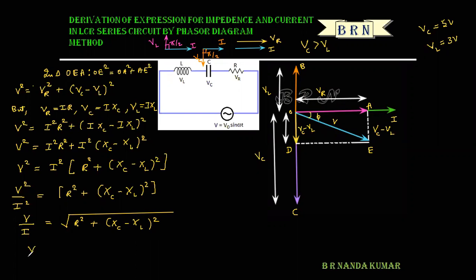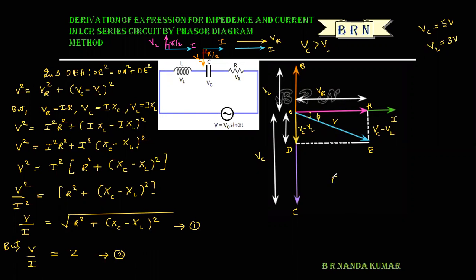So V divided by I is equal to the square root of R squared plus XC minus XL whole square. Now V divided by I, according to Ohm's law, is equal to Z. Call this equation number 1 and call this equation number 2.